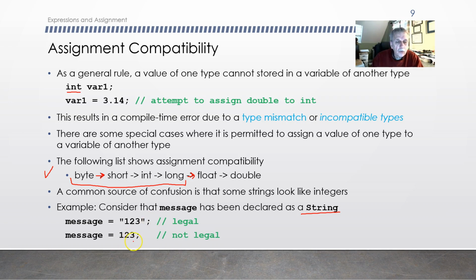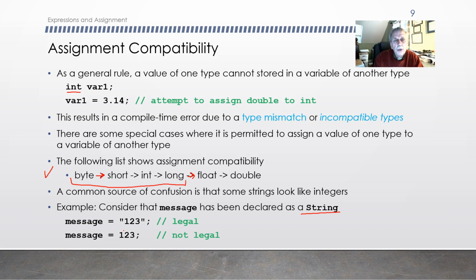But 123 is an integer literal, and we cannot put that into a string variable or the storage for a string that value. So keep in mind, there's a little confusion that sometimes occurs here. The system is not automatically going to convert the data from one type to another for you. We'll look at how this can be done in a later video when we talk about what's called type casting.